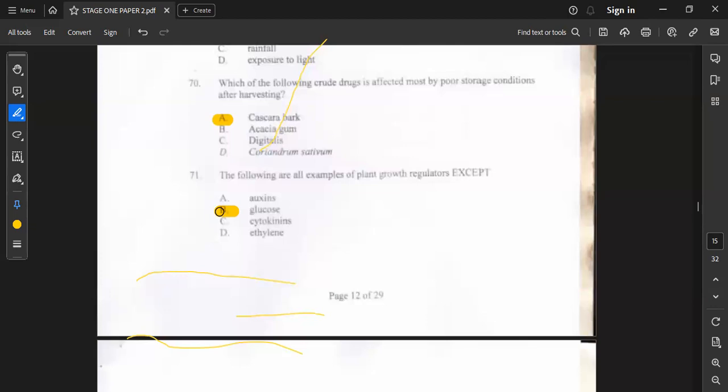I would also like to add the gibberellins that promote stem elongation and seed germination and fruit development. Then ABA is also a hormone that regulates seed dormancy and stomatal closure.